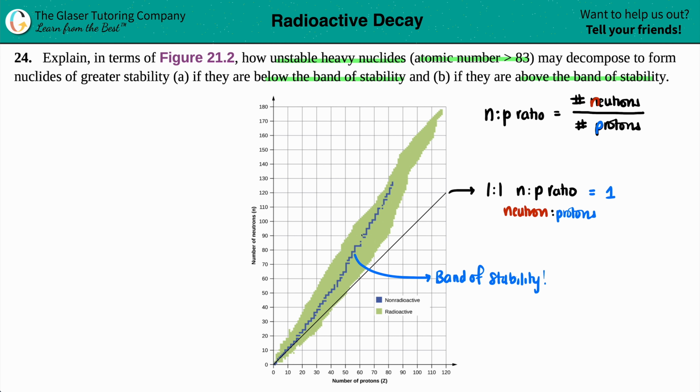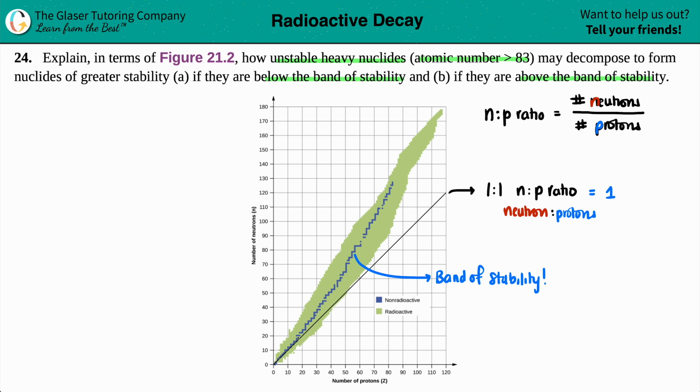The green represents unstable or radioactive material. Down at the bottom, the blue band of stability overlaps with the black line, which means that generally our stable atoms have a 1-to-1 N to P ratio.